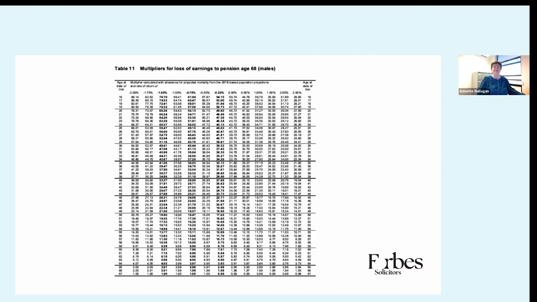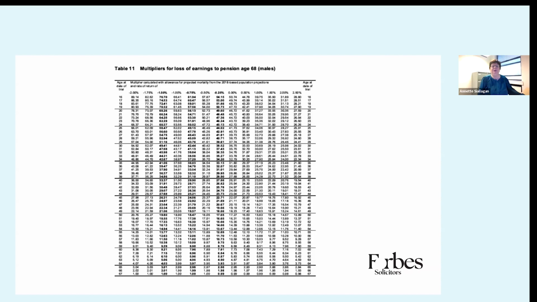On the left-hand side, the left column, you'll see the age to the date of the trial. And then along the top, you've got the various discount rates which are to be applied. And as you all know, the current discount rate in England and Wales is minus 0.25%, which is the middle column here.